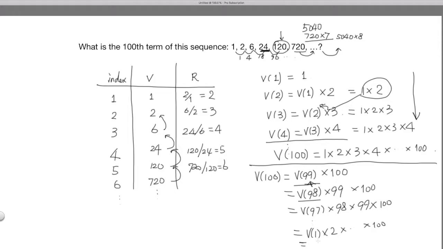It also equals 1 times 2 times all the way to 100. So this is the general expression for the 100th term of this sequence. And for any term, the term's value equals 1 times 2 times all the way to the term's index.